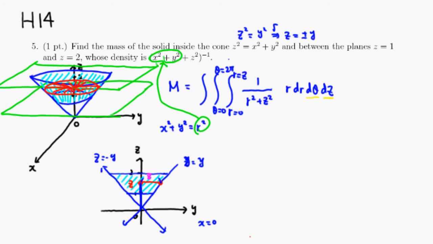After that, we can stack these disks, starting from the bottom and going all the way up to z equals 2. So we have z equals 1 to z equals 2. Then you just need to evaluate this. I will let you evaluate this. That's it. I hope that this will get you going.